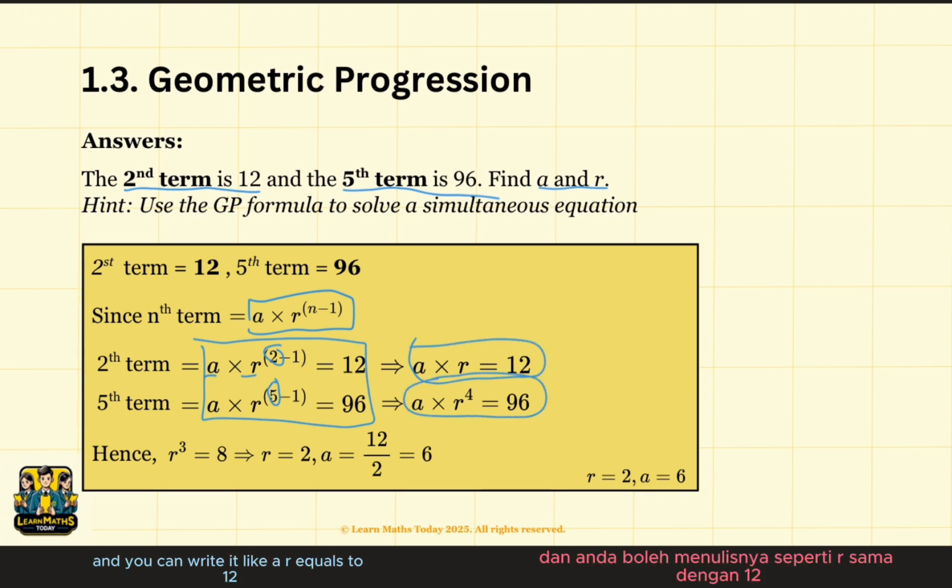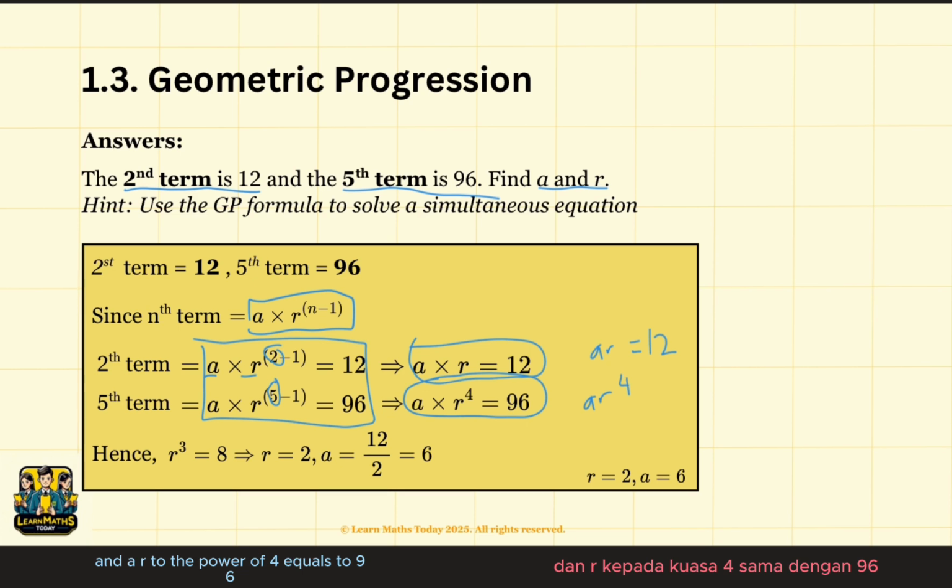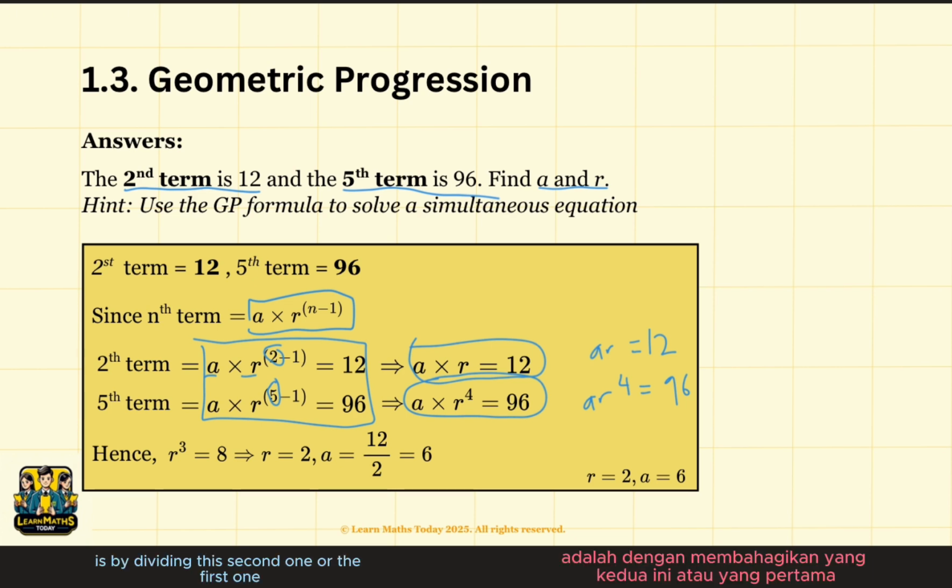Let's rewrite this, and you can write it like ar equals 12 and ar to the power of 4 equals 96. Now, do you think there's any way to cancel out or remove one of these variables? It's by dividing the second one over the first one.